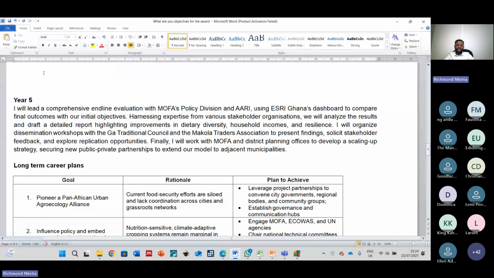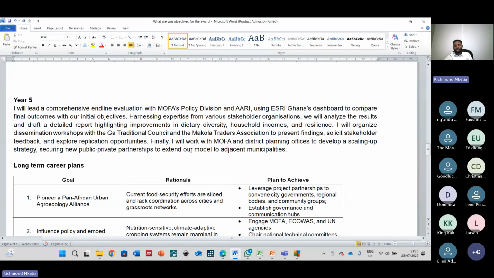So you engage them to draft a detailed report which highlights improvement in dietary diversity, household income, and resilience. You will also organize dissemination workshops with the stakeholders, so the Ghana Traditional Council, the Market Traders Association, to present the findings, solicit stakeholder feedback, and explore application opportunities.